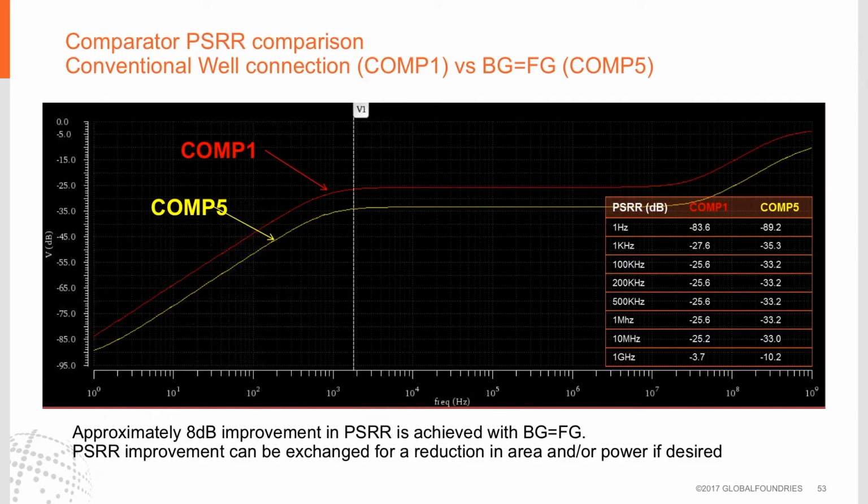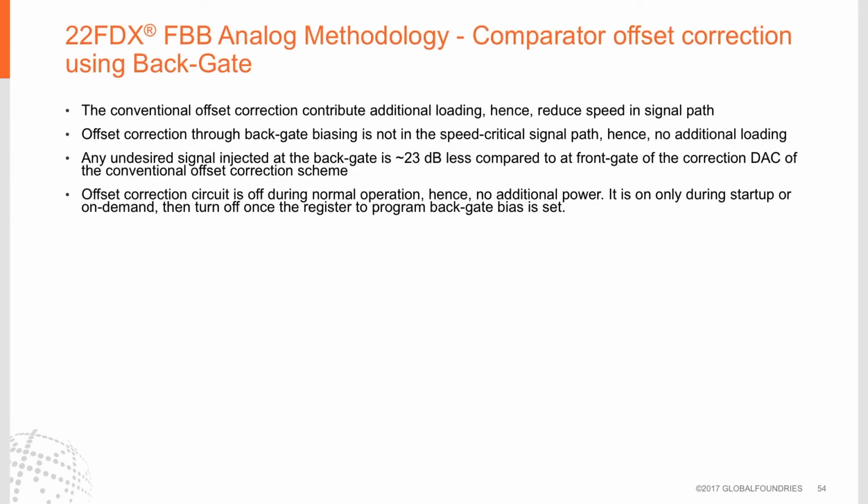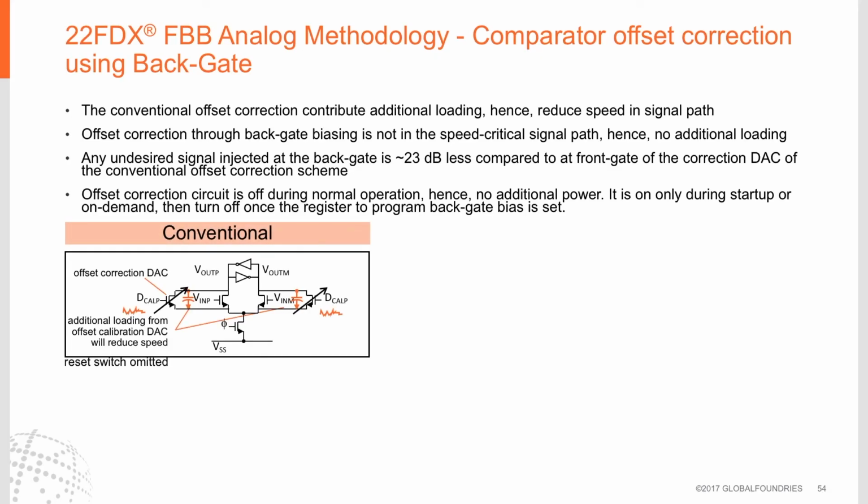If all this supply rejection is not needed, the performance can be traded for an area reduction in these devices or for lower power. Backgate biasing can be used for correcting comparator offsets. In a conventional type of structure, this means adding additional devices to the inputs or signal path, increases the loading, and adds additional devices.